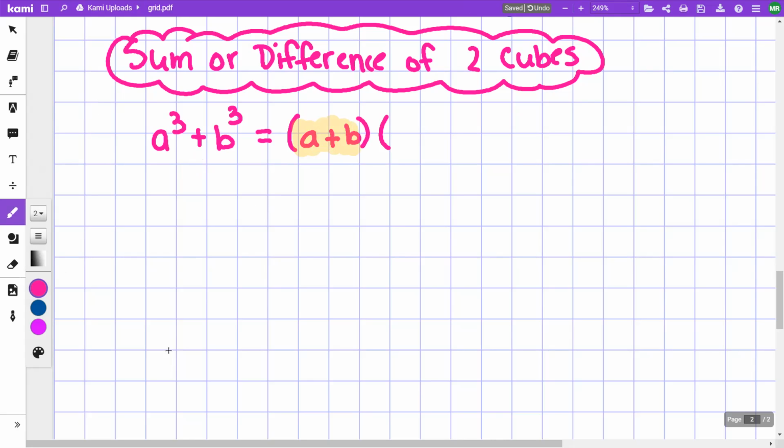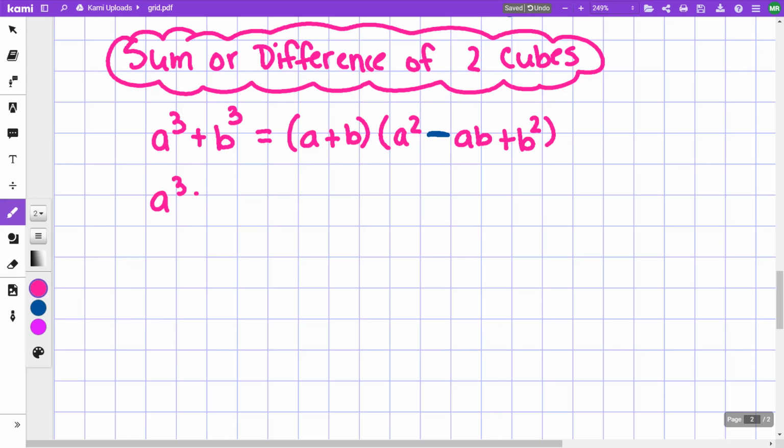I square the first term, this a, which is an a squared. My sign here is going to always be opposite. So since this was a positive, this is going to be a negative every single time. And then I'm going to multiply these together, which is an ab. Then I square the last term, which is a b squared. And that is my answer.